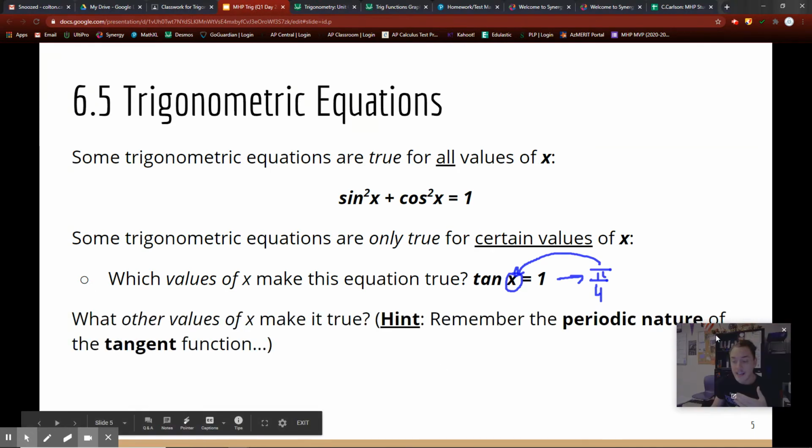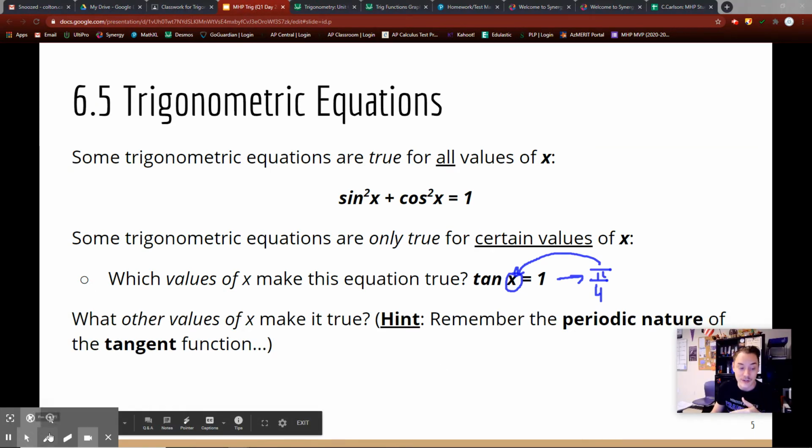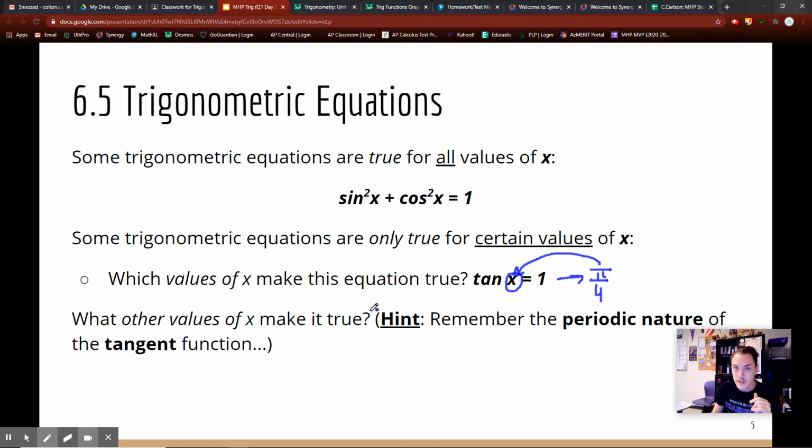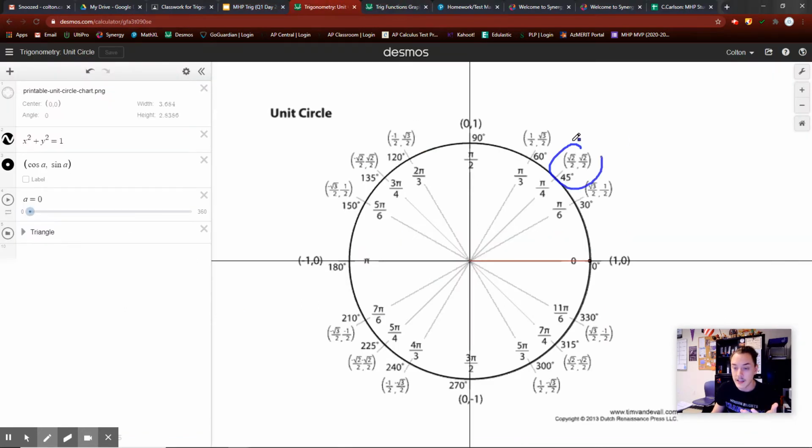But now what if I ask this? What other values of x make it true? Think about that. Now, remember the periodic nature of tangent is pi. So if I go back to my unit circle, look at this. That equals 1 for tangent.